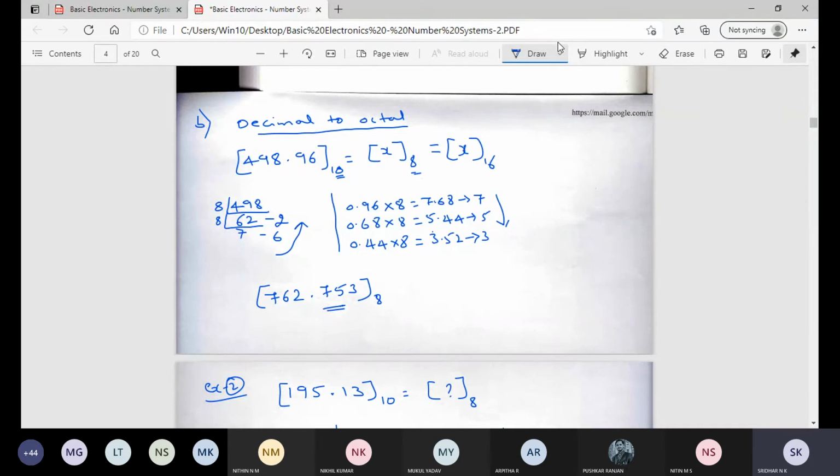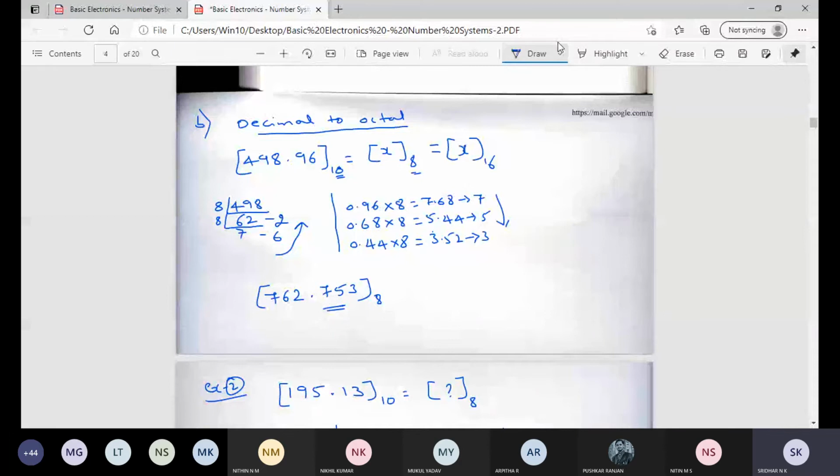Or sometimes we first convert to octal, and then from octal to hexadecimal. We have not seen octal to hexadecimal, but we know how to convert from decimal to hexadecimal.